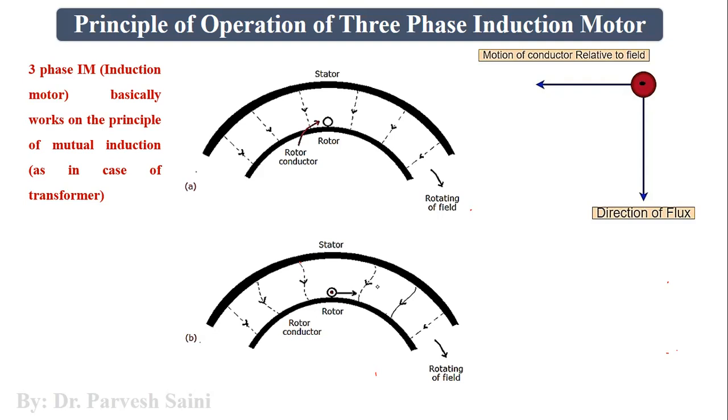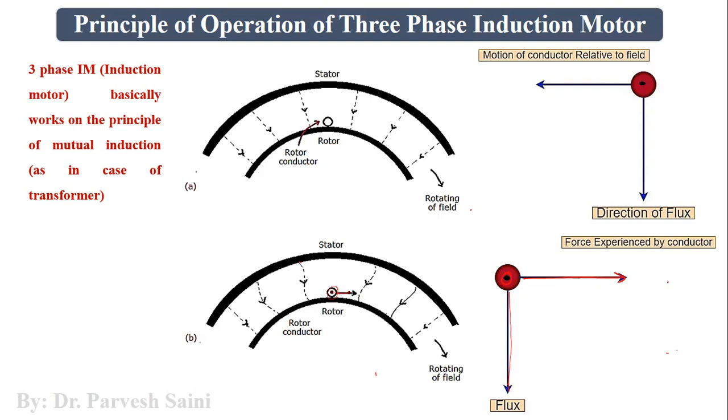Now you can see here the direction of flux is downward, the current is outward, and the direction of motion will be in this particular direction. So that means as soon as this conductor has some current induced in it because of Faraday's law of electromagnetic induction, it is now a current carrying conductor placed in magnetic field, and hence it will experience a force, and the direction will be given by Fleming's left hand rule.